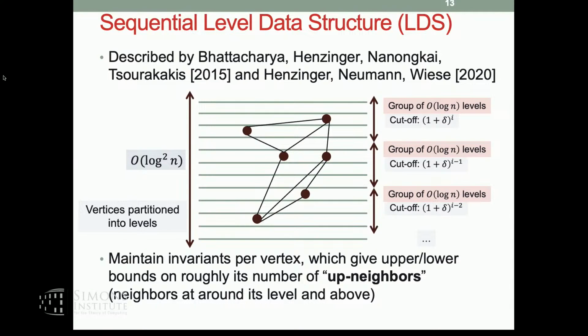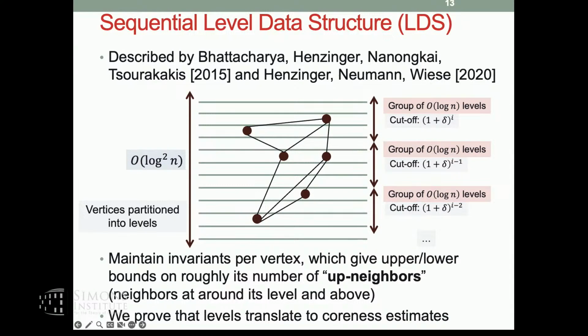The invariants say that we need to have some upper and lower bounds on the number of up neighbors that each vertex has. So it can't have too many, but it also cannot have too few. These thresholds are based on the group that the vertex is in. So each group has a different cutoff that we use for these upper and lower bound invariants.